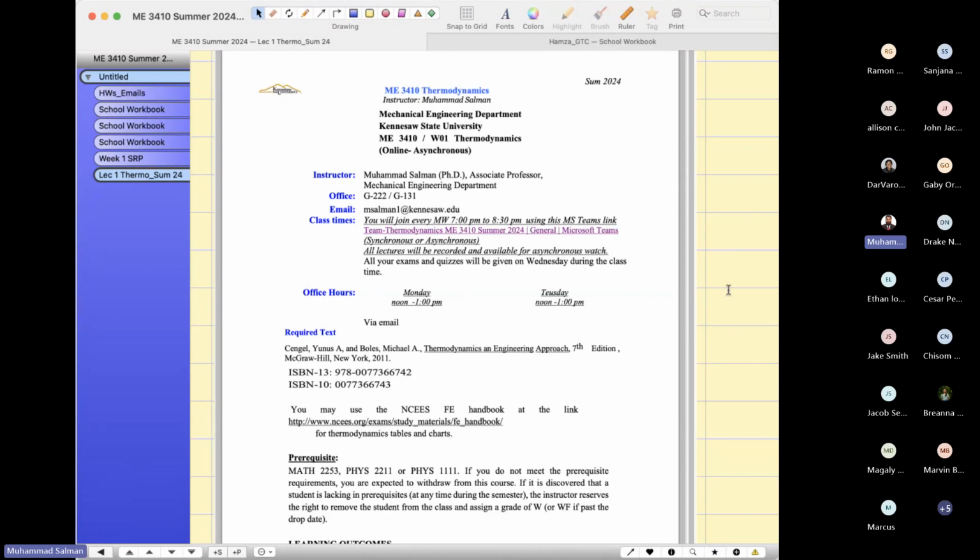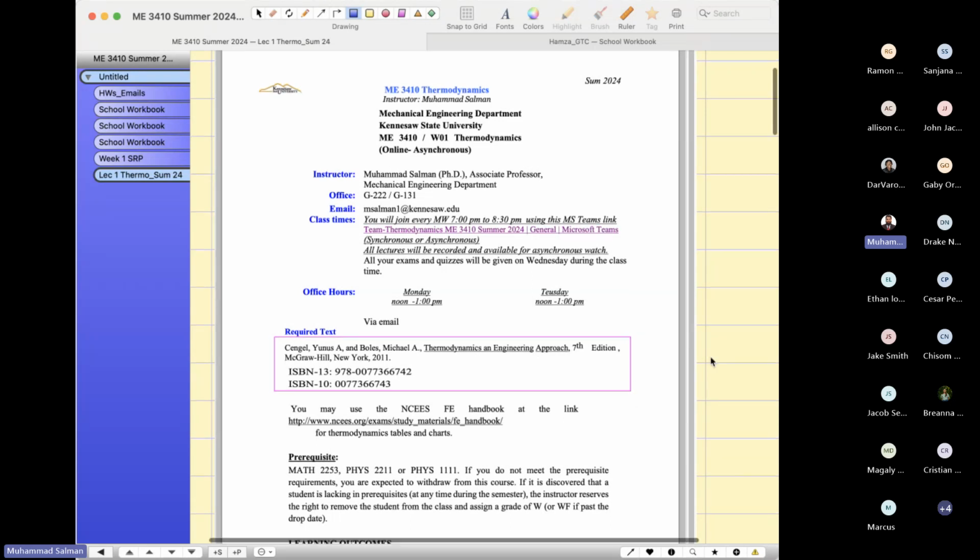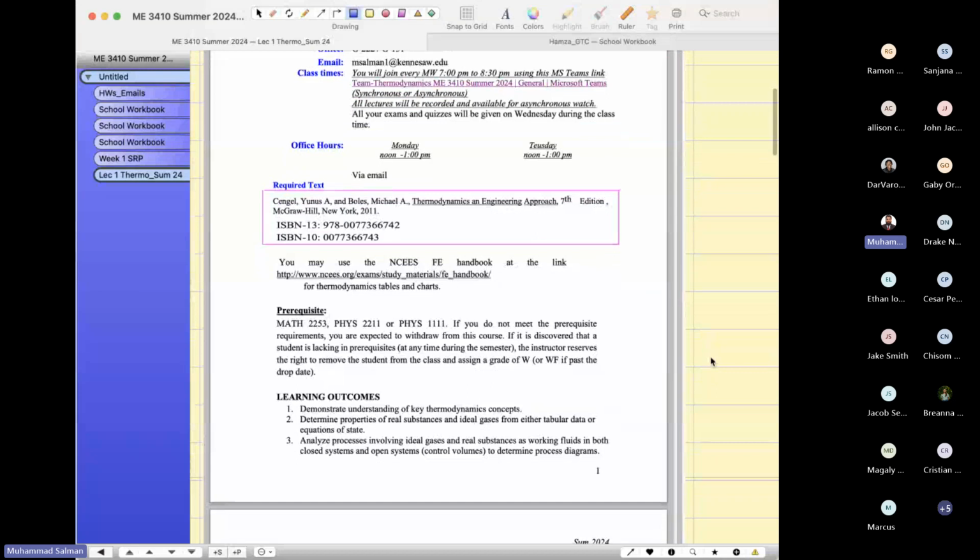The book which we are following is the seventh edition of Cengel and Boles. You can either buy this, and there are some versions available online.